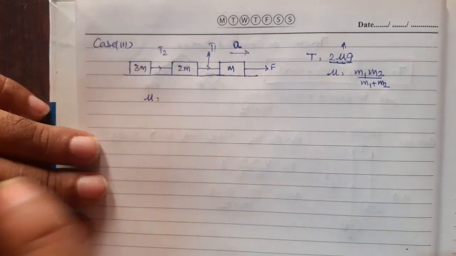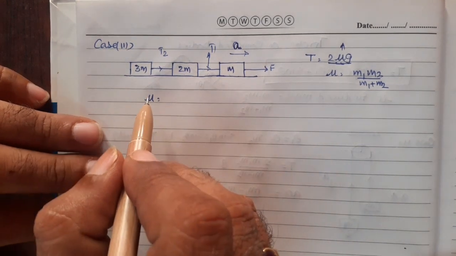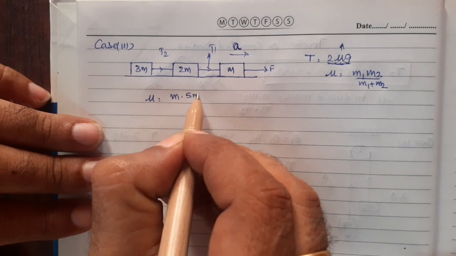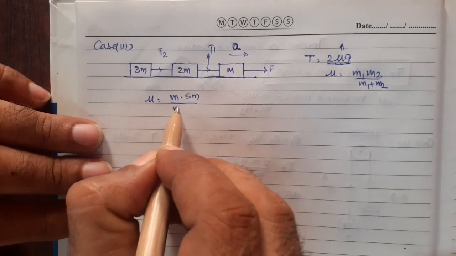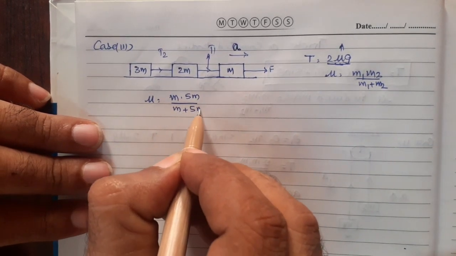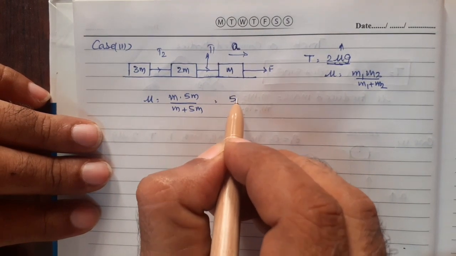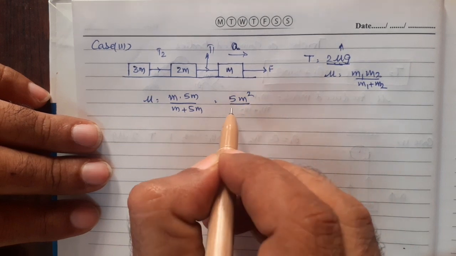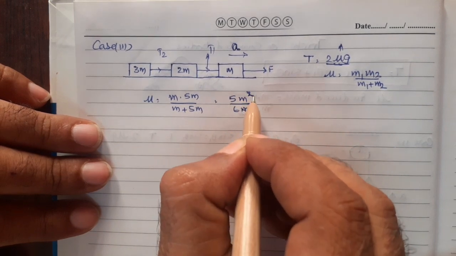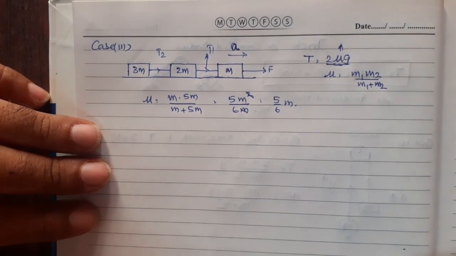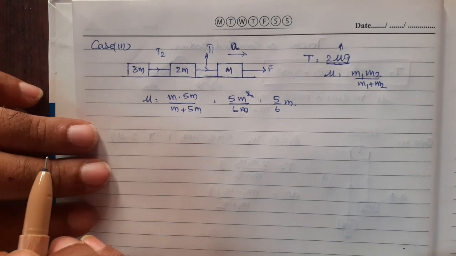So m and 5m are connected. Therefore the reduced mass is m times 5m by the total mass, m plus 5m. This is equal to 5m square by 6m. m gets cancelled, therefore 5 by 6 m. Now this is the reduced mass.